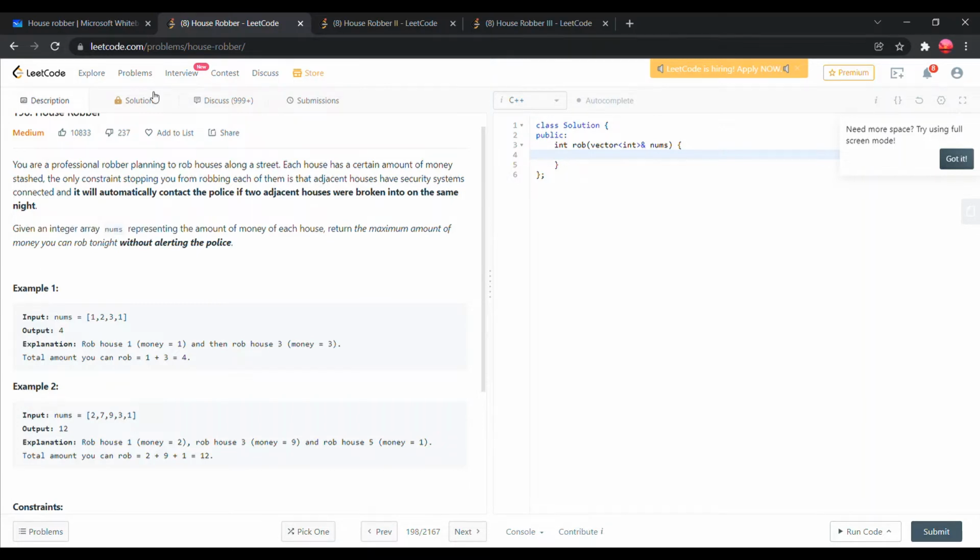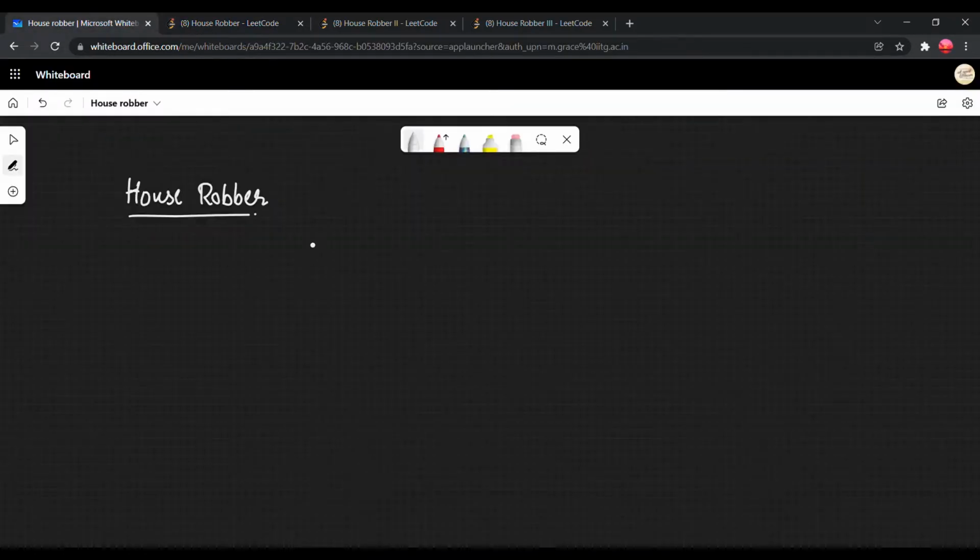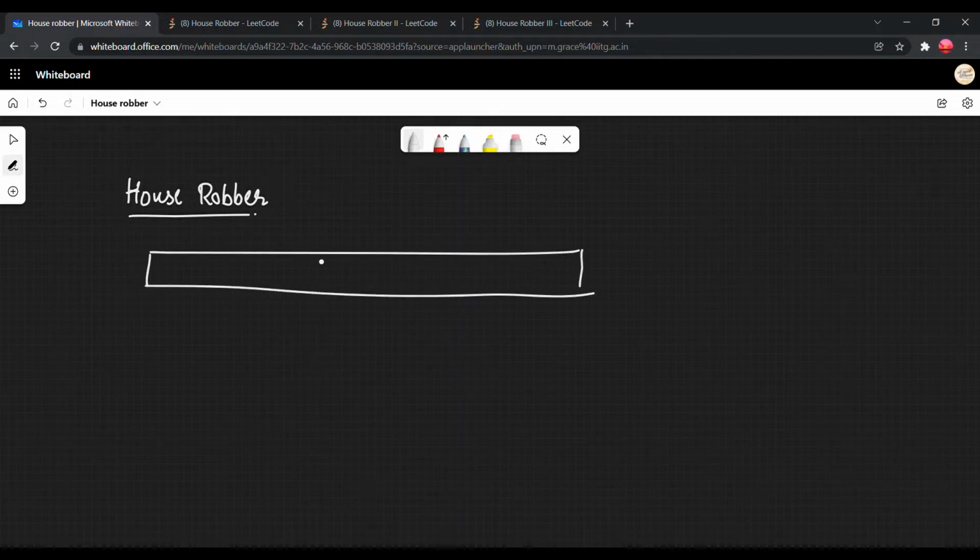Okay. So let me just explain the situation here. You have a row of houses like so, and you want the max value that you can rob, provided you do not rob adjacent houses.